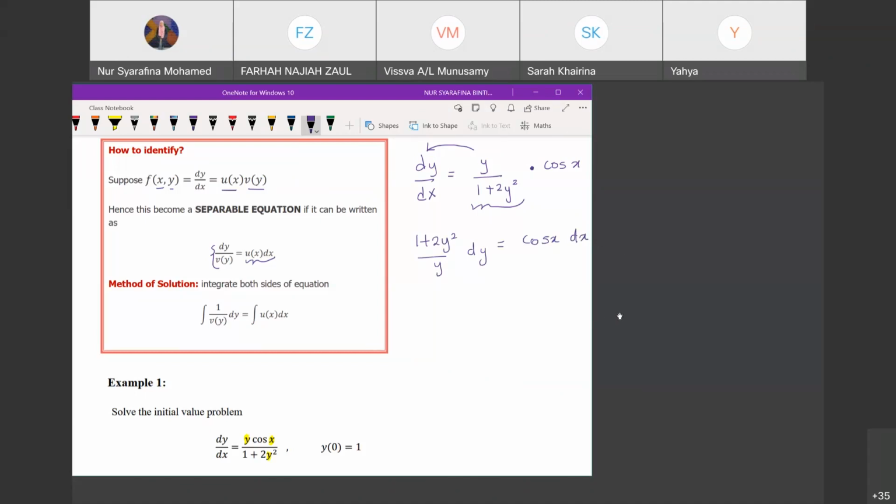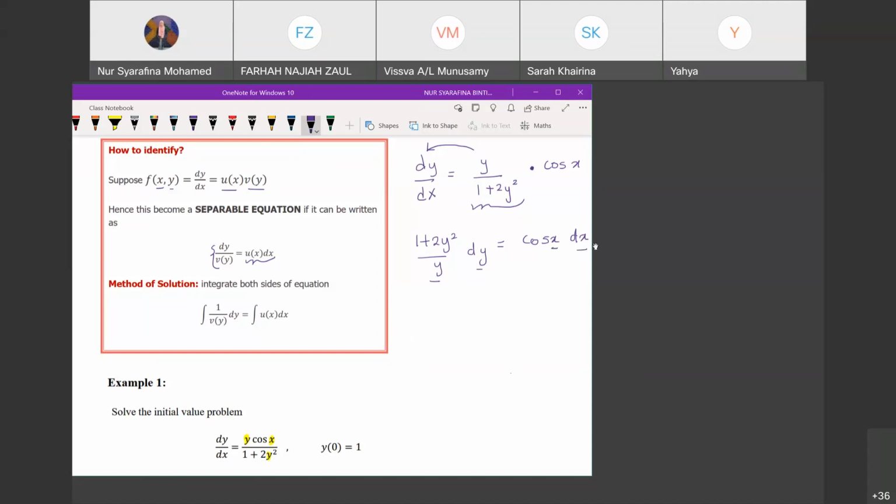Okay? Got it? Now, as you can see, it is separated according to y here with dy, x here with dx. A function of y is together with dy.